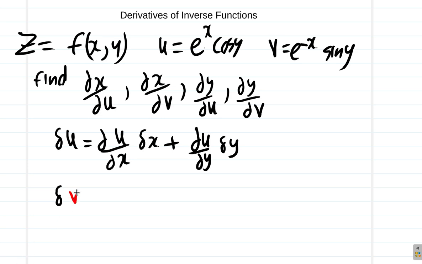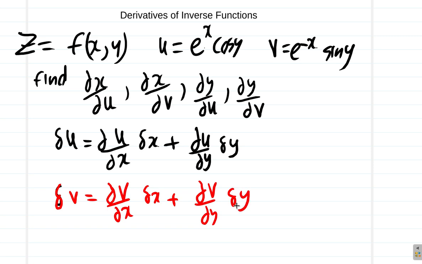So the small change in v is the partial derivative of v with respect to x times a small change in x plus the partial derivative of v with respect to y times a small change in y. Alright, good. So we have that.